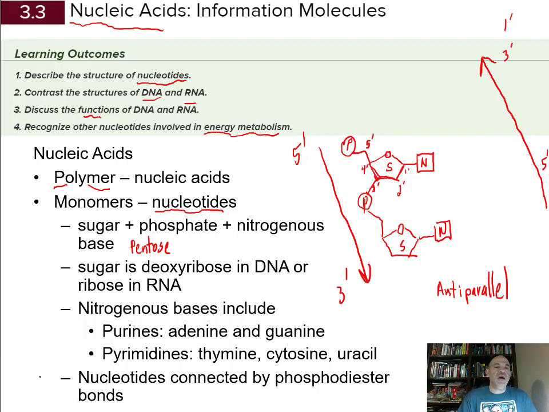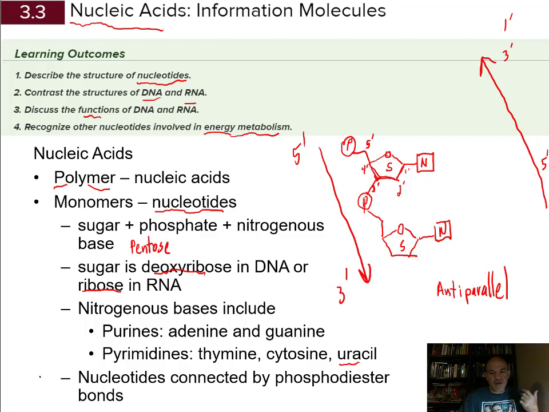So, again, the difference is deoxyribose for DNA and ribose for RNA. Ribonucleic acid, deoxyribonucleic acid. Now, when it comes to the bases, in DNA, there's 4 possible kinds. And then RNA has a different kind of base when we compare it to DNA.